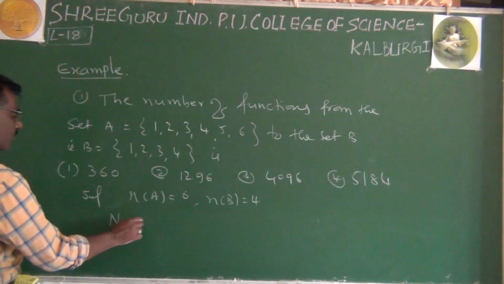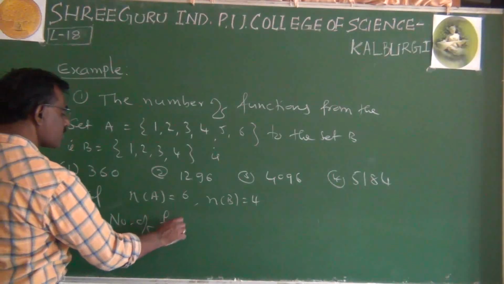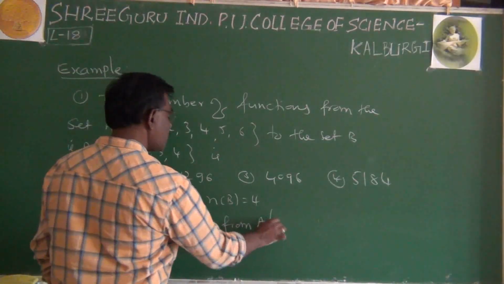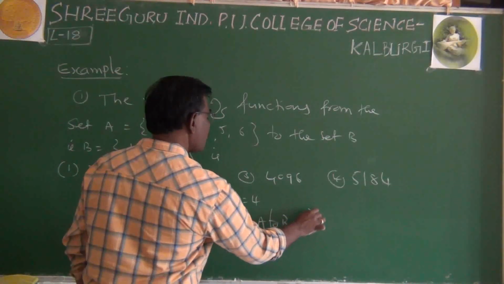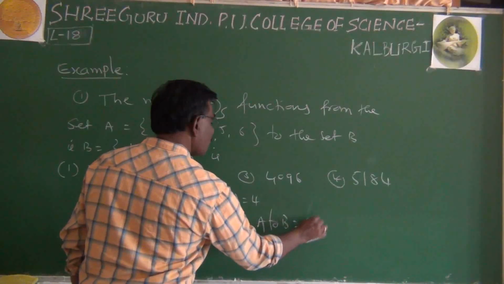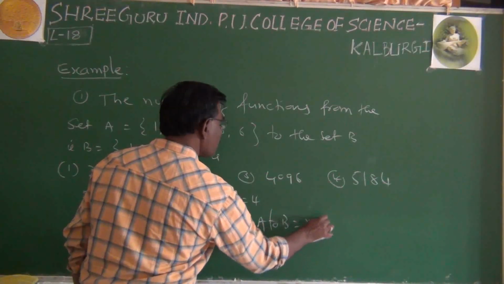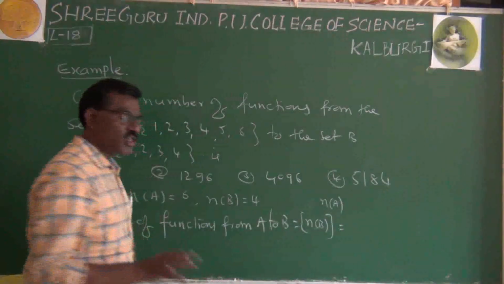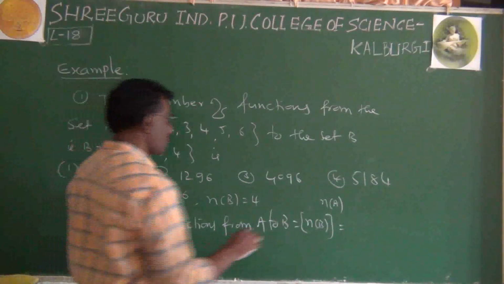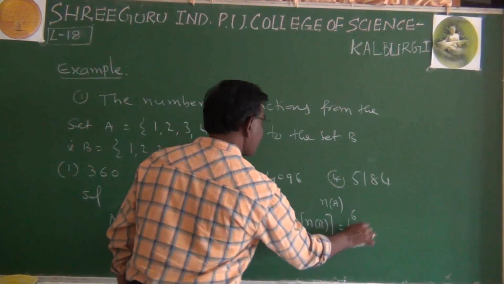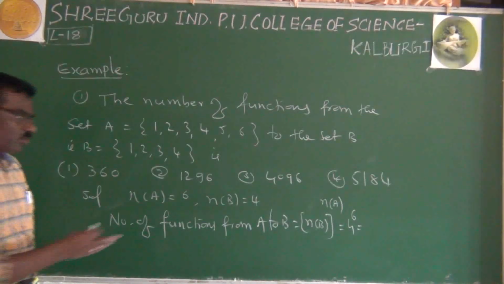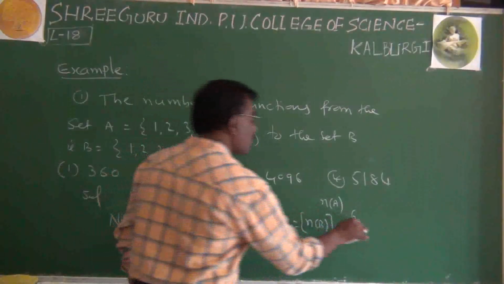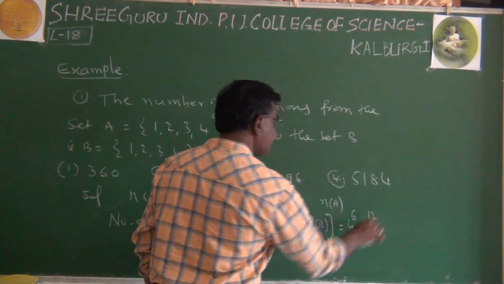The number of functions from A to B is n of B whole raised to n of A. Even you can take the shortcut n to the power m. So it is 4 to the power 6, because n of B means 4 and n of A is 6, the number of elements. So 2 to the power 12.